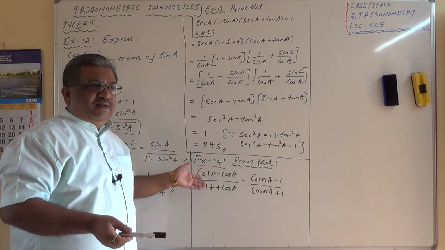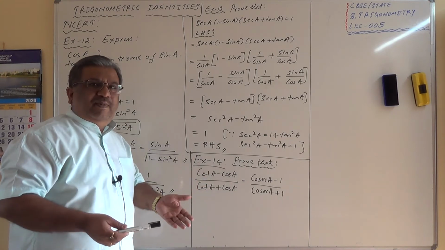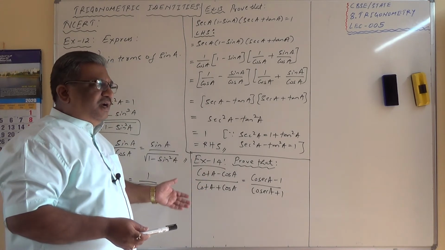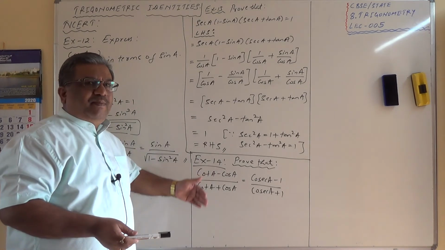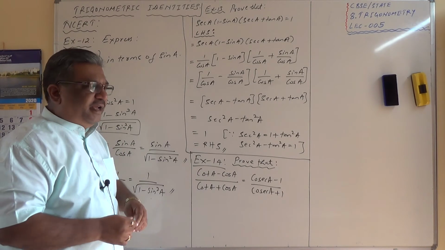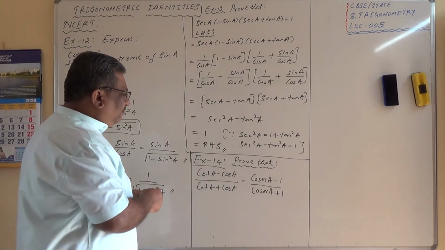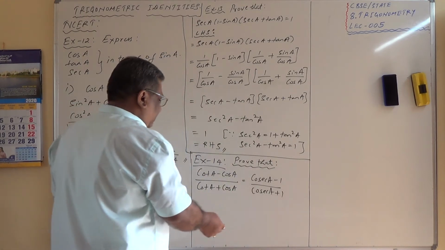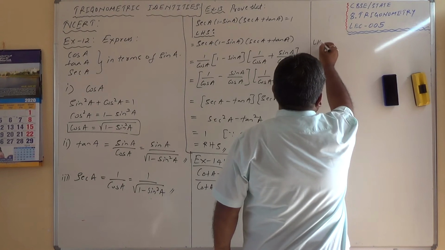Cot theta is cos by sin. So that way I will try to establish it and see whether I will be able to solve this or not. There is no one method to solve a particular problem. There are many approaches which students take, so it is not that this is the method we need to follow.